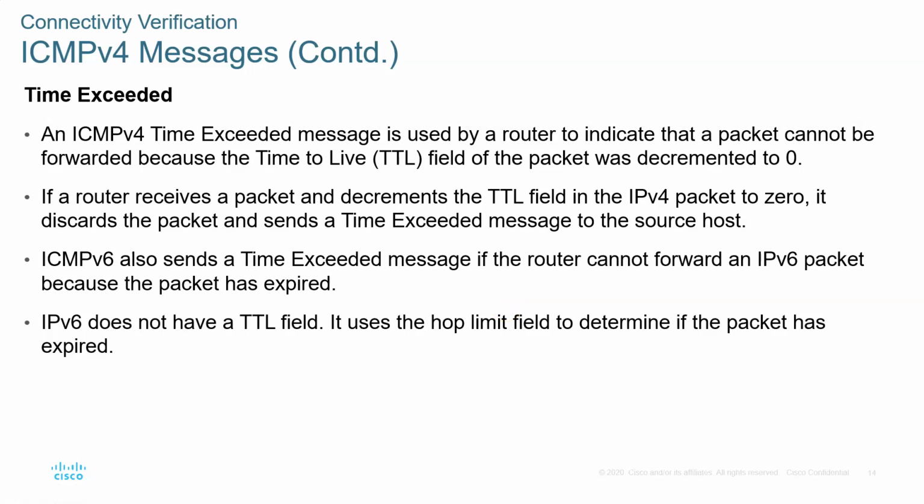To make sure that the packet does not just loop around the internet forever, there is a time it has to reach its destination, and that time is stamped on the packet, called the time to live, TTL. Every time a router receives a packet, it's going to decrement the TTL number by 1.